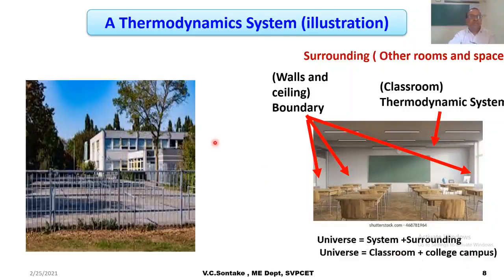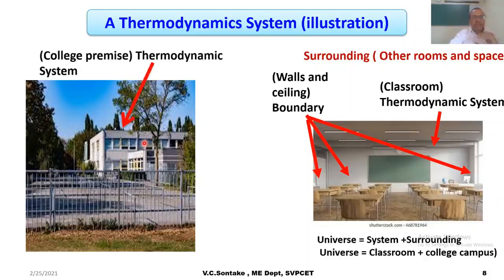Similarly, let us take the example of a college premise. If we consider the entire college premise for some thermodynamic study, then it will be a thermodynamic system. Building, open space, anything which is there inside the college premise will be thermodynamic system.